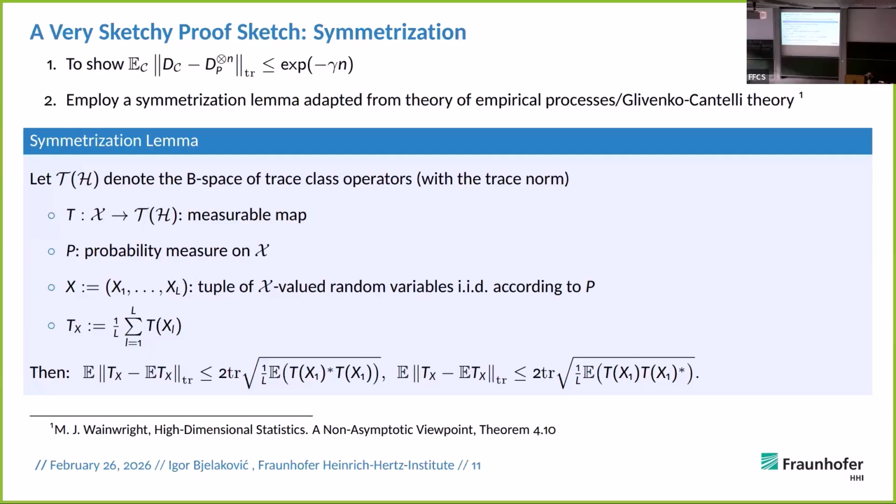And then you do the usual symmetrization trick with this. So you take the ghost sample, a sample which is independent of these xi's but has the same distribution, and you represent this expectation in the same way. We have the expectation in front.